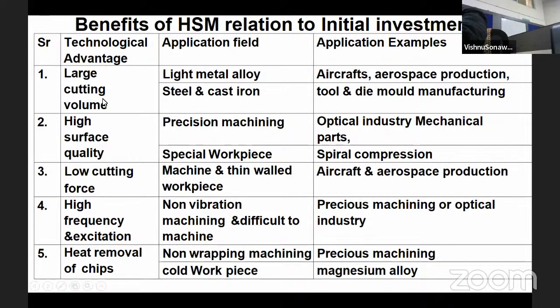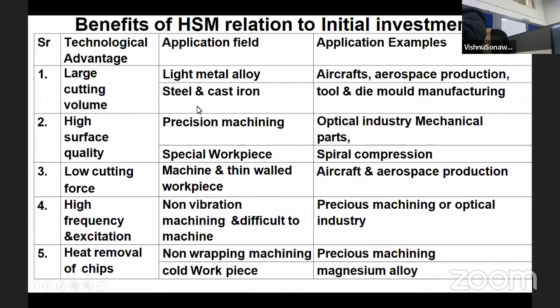In large cutting volumes, the application field is light metal alloys, steel and cast iron as workpiece materials, and we can use these in different industry sectors: aircraft, aerospace, tool production, cutting tool, and die and mold manufacturing.